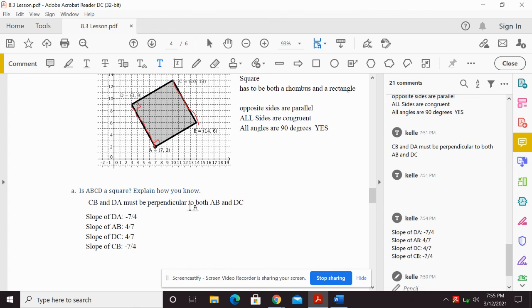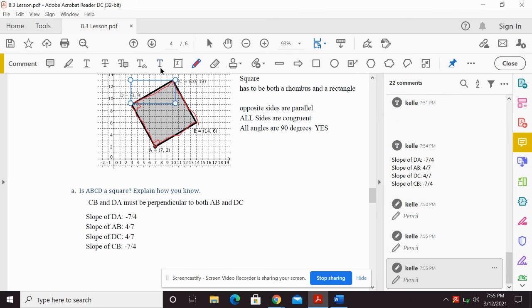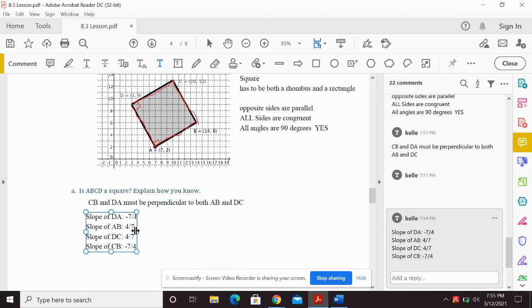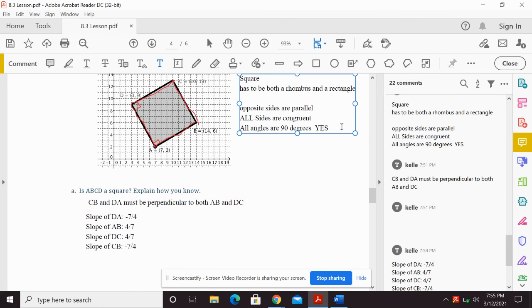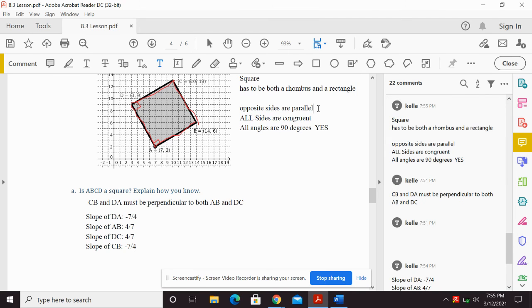Yes, it does. And then DC to AB. Is AB parallel to DC? Yes, it is. They have the same slope, so they are parallel. So we just proved perpendicular, 90 degrees, and we just proved parallel.